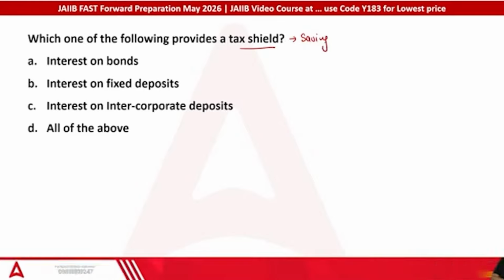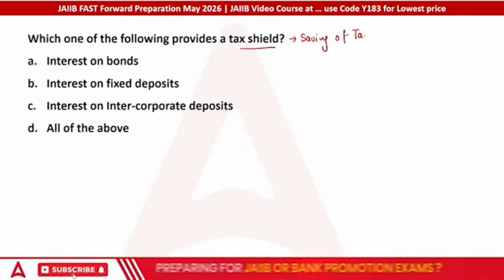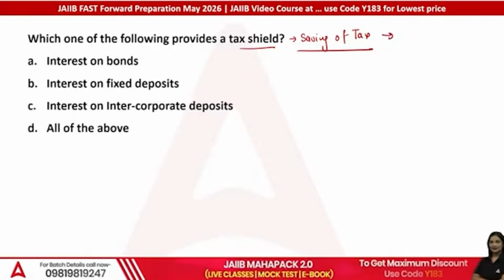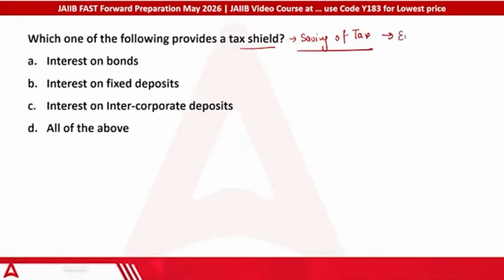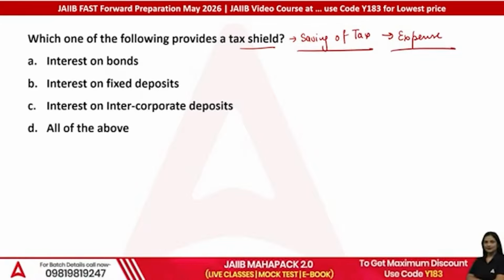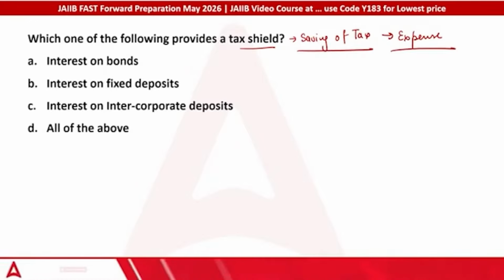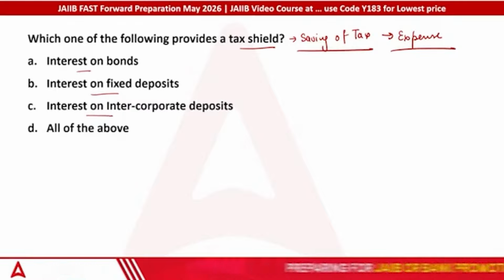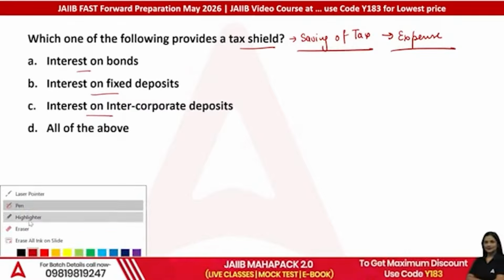Saving of tax results when we have expenses, correct? So in case we have expenses, we will be able to save taxes. Now, interest on bonds, interest on fixed deposit, interest on intercorporate deposit: which will result in tax saving?